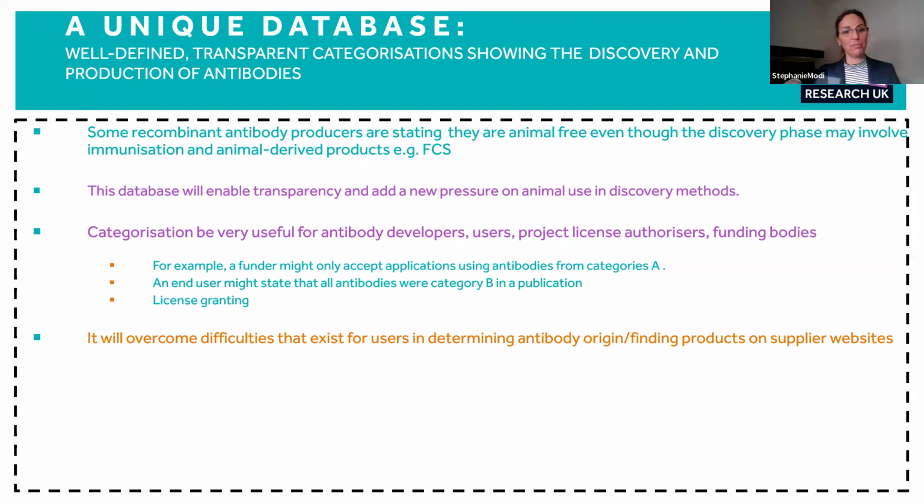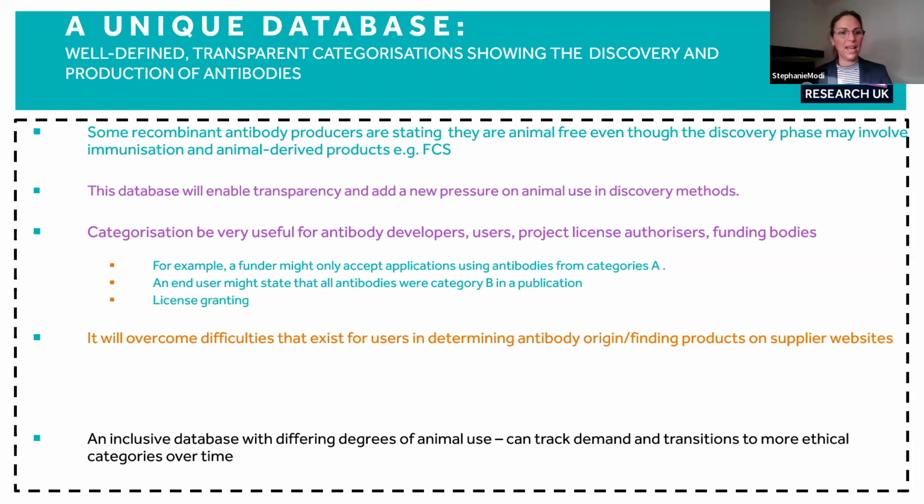And it will also overcome difficulties for users. A lot of the feedback has been that people really find it hard to find animal-free antibodies and understand how those antibodies are made. So this overcomes that obstacle. And it's very much an inclusive database. It's not just the 100% green animal-free antibodies.